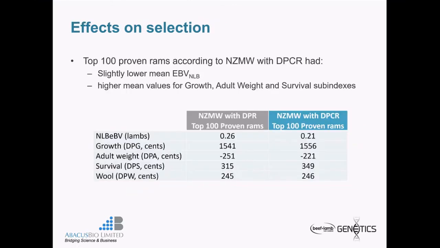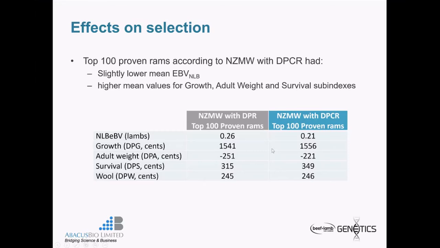So to try and understand what impact this might have in reality, we took a large industry analysis and we picked out of that analysis the top 100 rams. Firstly, when we looked at the conventional or the historic linear weighting reproduction subindex. That's this column here with the grey title.